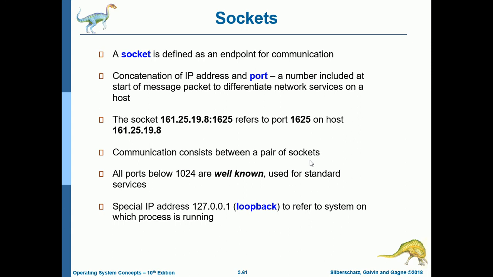So first we have sockets. A socket is defined as an endpoint for communication, a concatenation of IP address and port, a number included at the start of a message packet to differentiate network services on a host. So the socket 161.25.19.8:1625 refers to port 1625 on host 161.25.19.8.